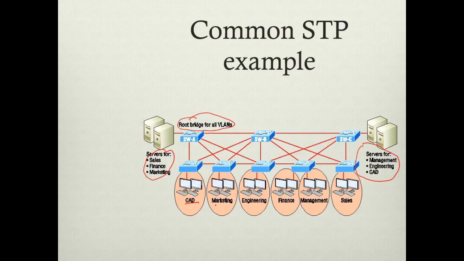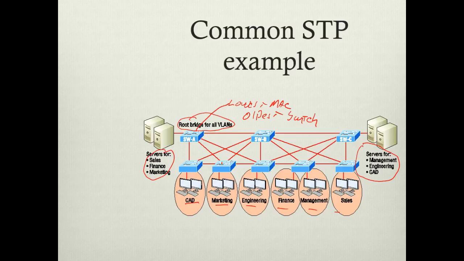Obviously we're going to have blocked ports in this mess, and spanning tree will calculate that for you. If we didn't do anything else, the root will be the lowest MAC, which will be the oldest switch, which may not be what you want in your network.